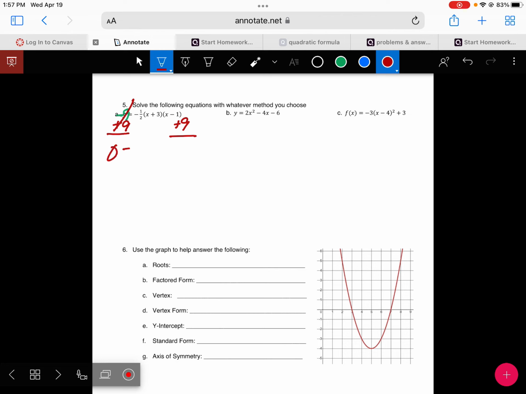We get 0 equals -1/2 times quantity x plus 3 times x minus 1 plus 9. I know where this is going. This is why I didn't finish this one. So, what would I do next?